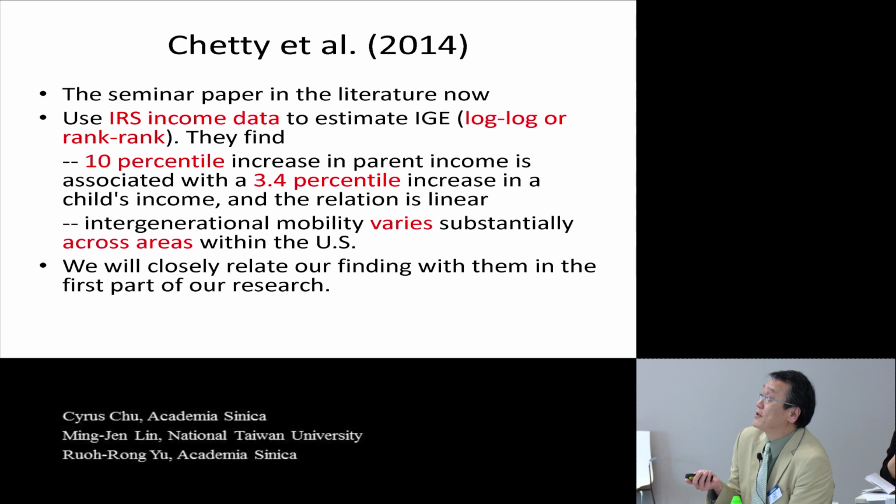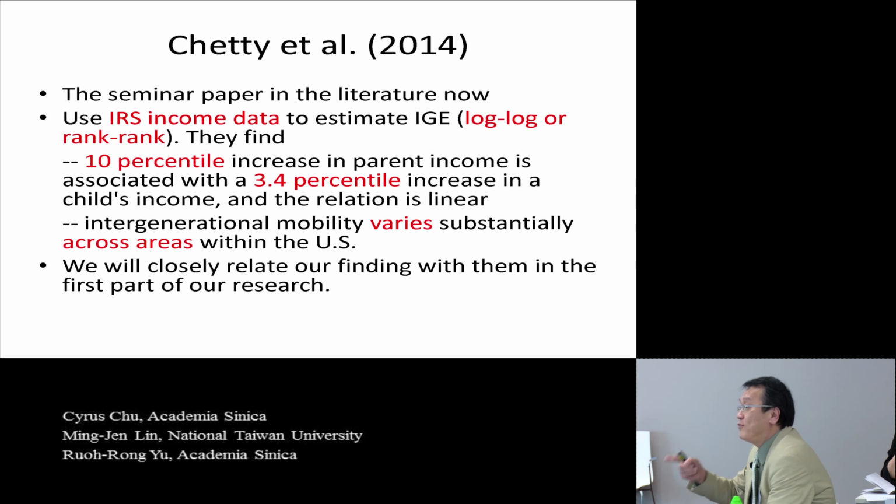Okay, that's the previous part. A more recent one, perhaps the 2015 paper in QJE, had a breakthrough: they used the IRS data. It's 100 million data points, the whole population of the IRS data. They estimate the log IGE, or the rank.